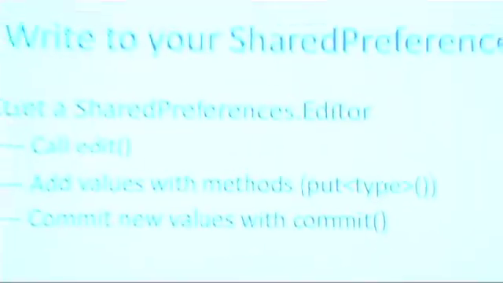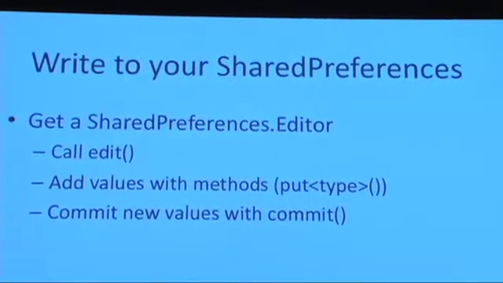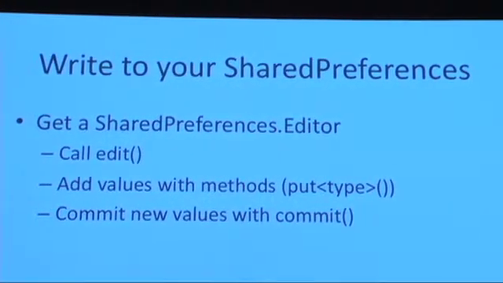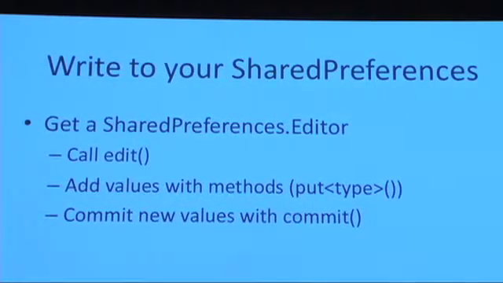Okay, so to write to your shared preferences, you need to get a SharedPreferences.Editor object. This will allow you to actually edit the shared preferences. To do this, you call the edit method, and you can add values with the methods put with the type.